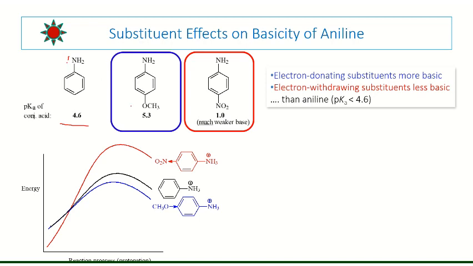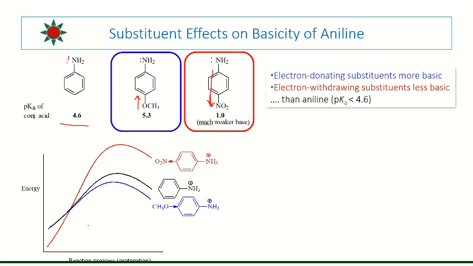It stands to reason that if we have an electron donator, an activator donating electrons via resonance, it will make that lone pair more available. On the other hand, here we have a deactivator, pulling that lone pair back into the ring via the nitro group, and so it is a much weaker base.